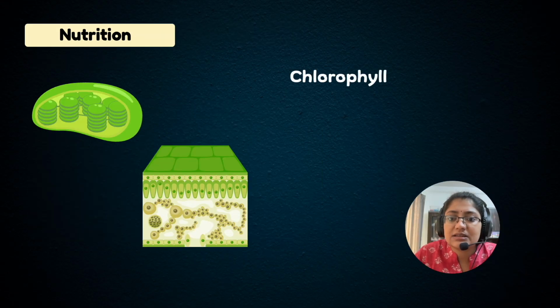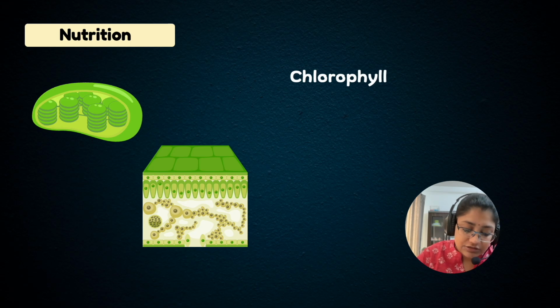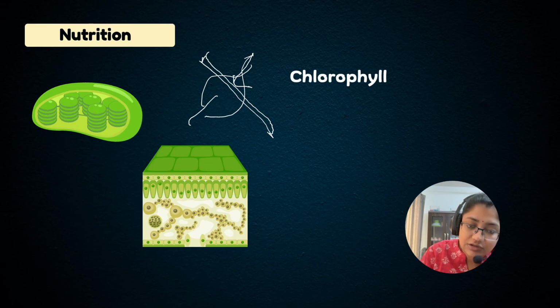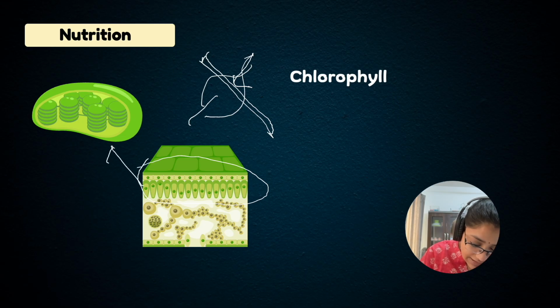The next part is chlorophyll. Now, how is this chlorophyll helping? Where is it present? So if this is your leaf, and I cut a slice like this and see it from here, which is called the transverse section of the leaf, it will look something like this. So the upper layer of the leaf, as you can see, has chloroplast, which has chlorophyll.